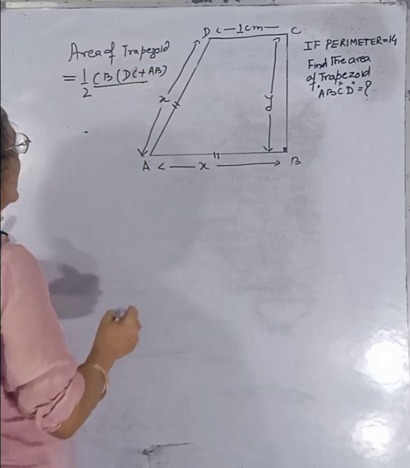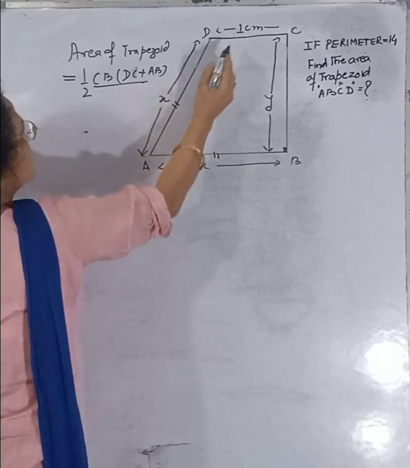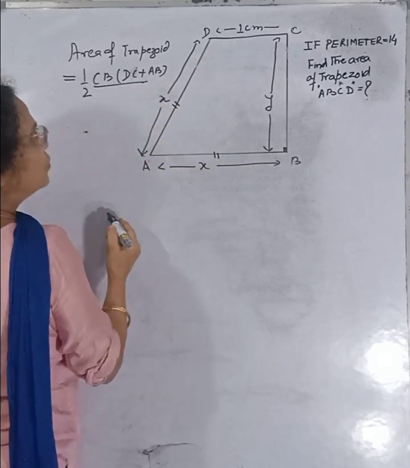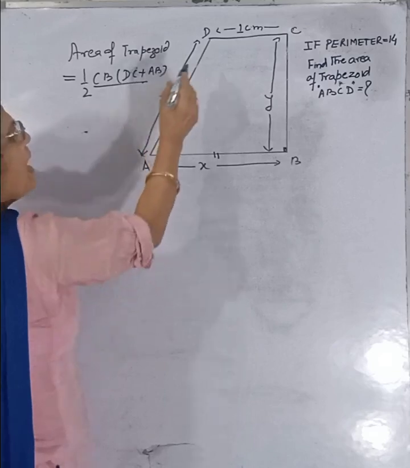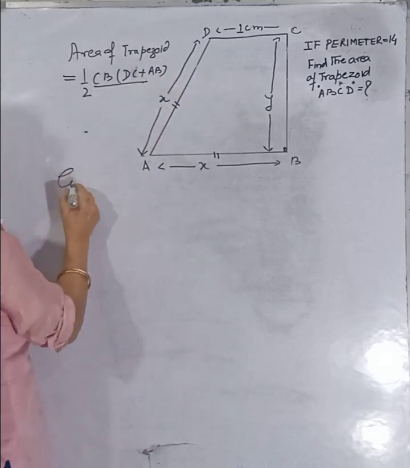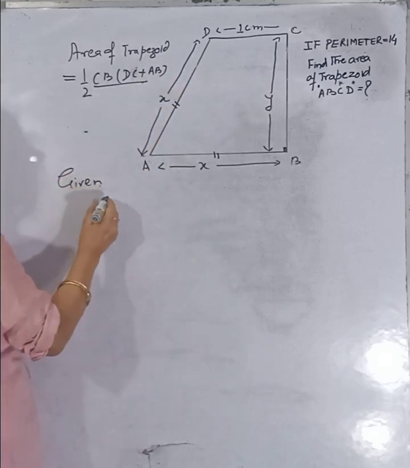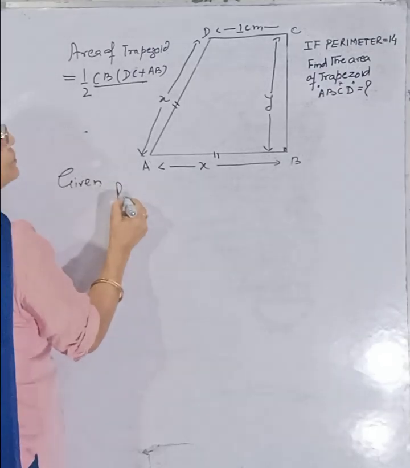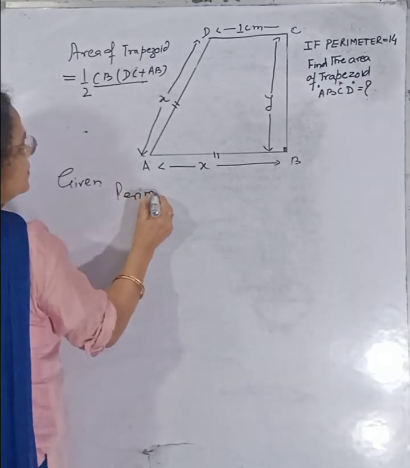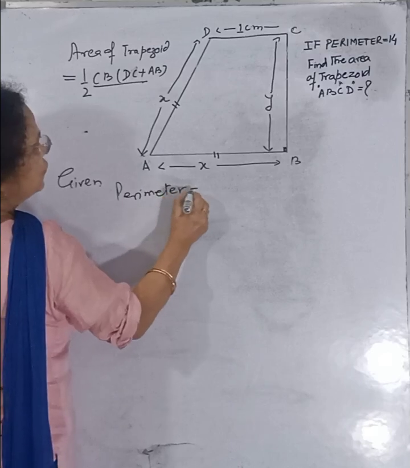First, our aim is to find the values. DC is known to us, but AB is not known and y is not known. The perimeter is given to us as 14.